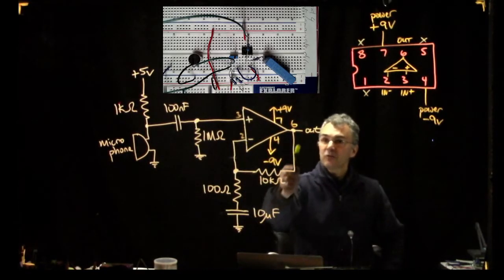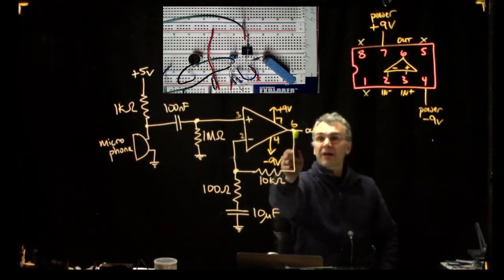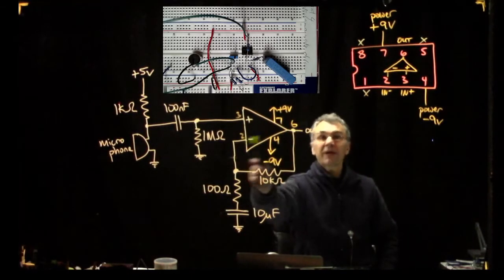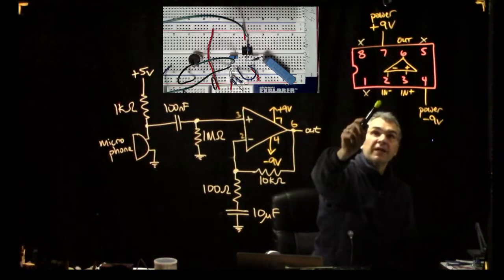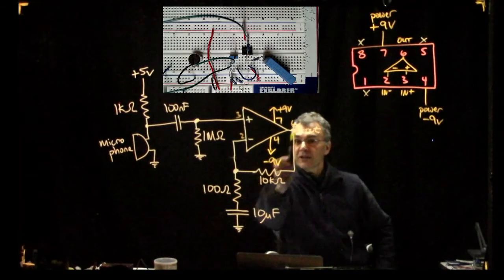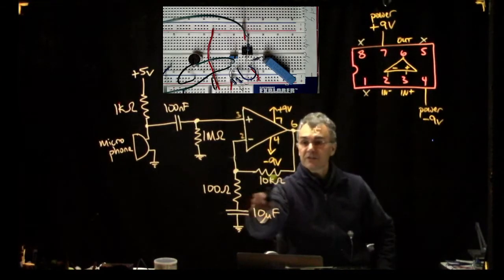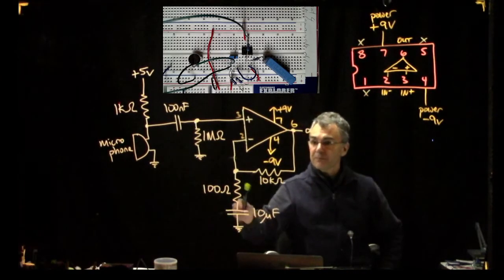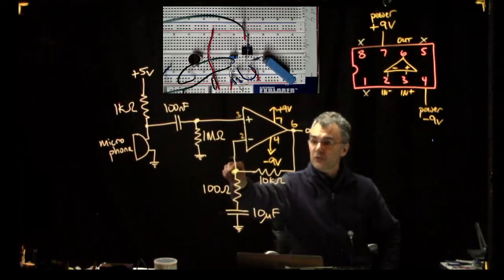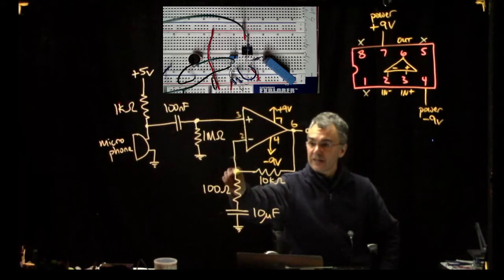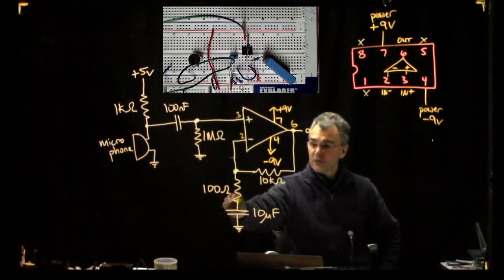And then we always expect to see feedback of some sort from pin 6 back to pin 2, from the output back to the inverting input. In this case, that is through a 10K resistor. Then from pin 2, we will also have a 100 ohm resistor, and instead of going straight to ground, it's going to go to this 10 microfarad capacitor.